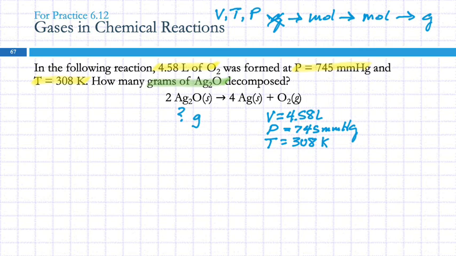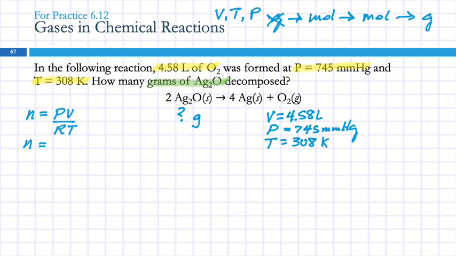So the first thing we'll do is calculate the moles of oxygen using the ideal gas law. So rearranging the ideal gas law, we get n is equal to PV over RT. So we need the pressure.